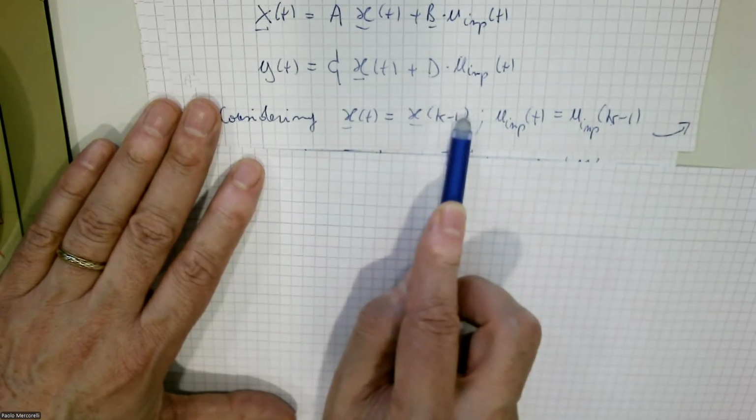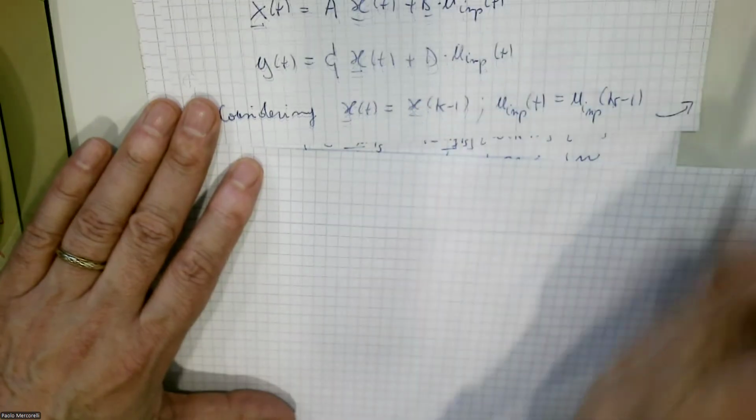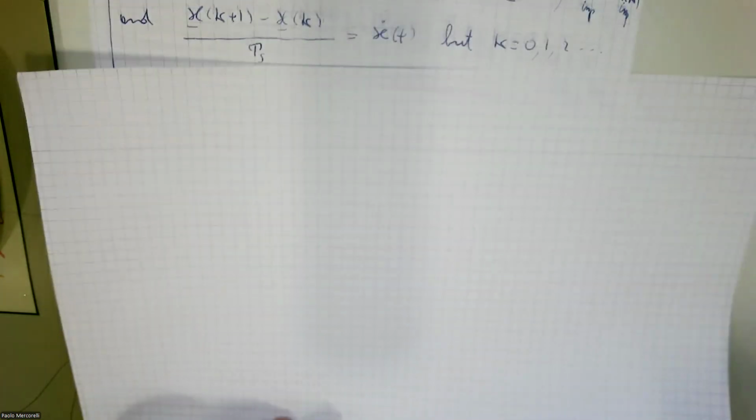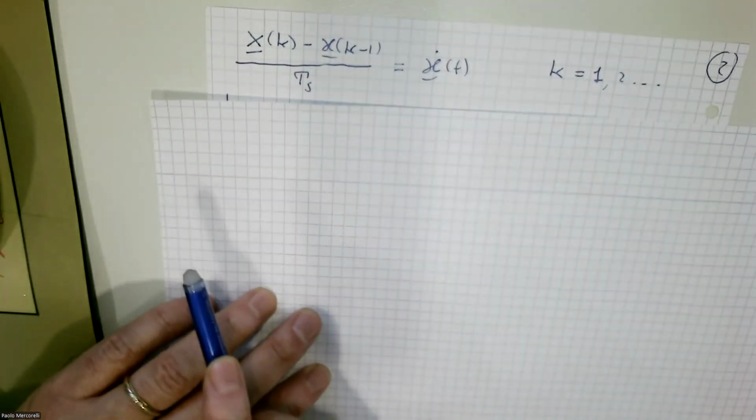Again, in the argument we have also Ts, or the t depends on, but I didn't put it, as I already told you, for the sake of brevity. Here is the approximation for the derivative.